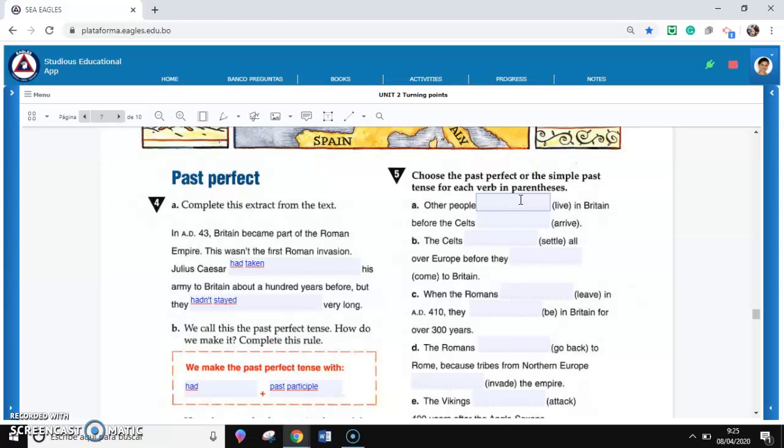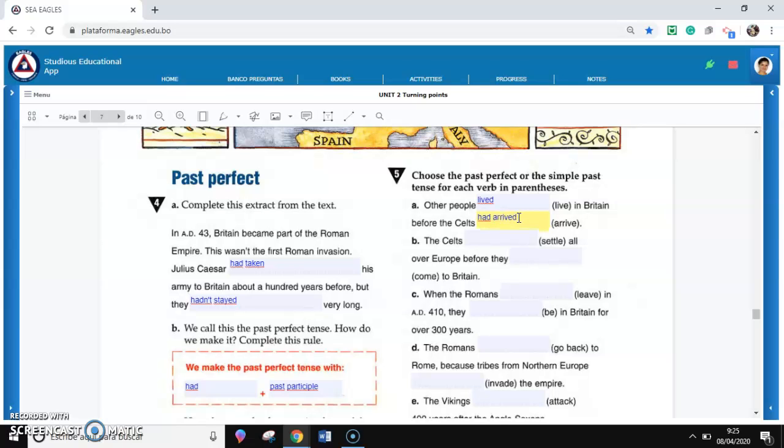Here we have the word before, which is a context clue. That means we need to use past simple for the action that happened earlier, and then we need to use past perfect for the action that happens later. Right? So other people lived in Britain before the Celts had arrived.